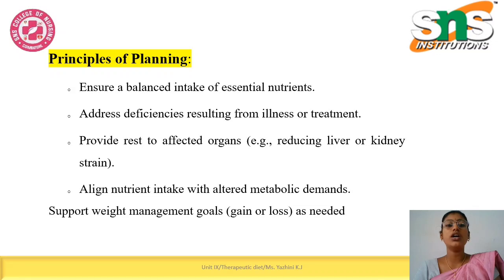Adjust nutrition intake to meet altered metabolic demands such as in fever or recovery. Support weight management goals, whether it is weight gain for malnutrition or loss for obesity. These principles guide the dietitians to create meal plans that are both therapeutic and sustainable.